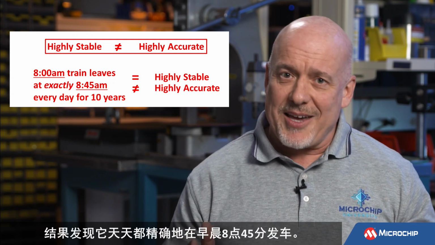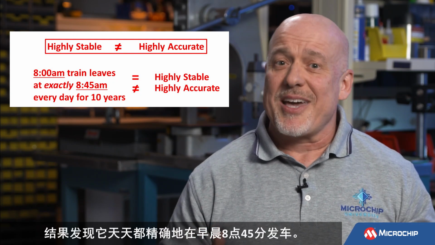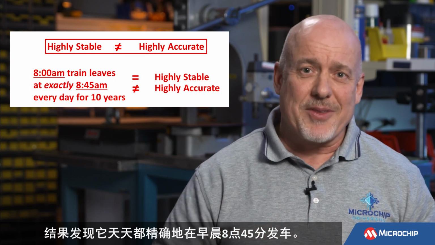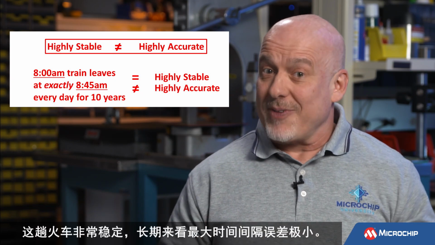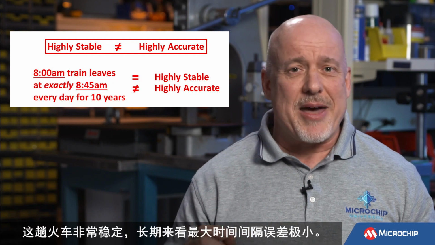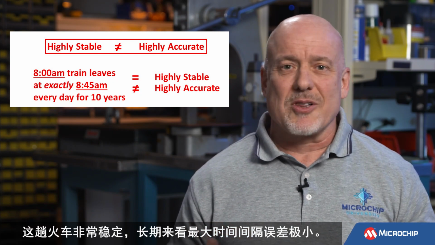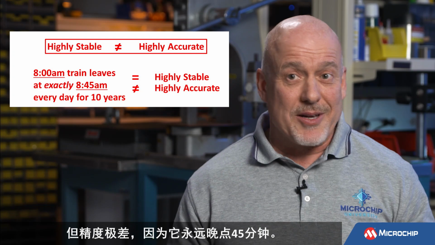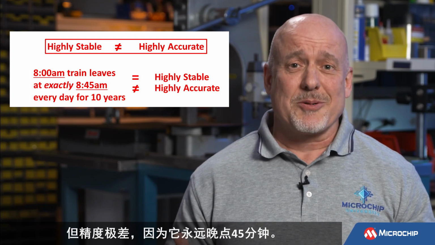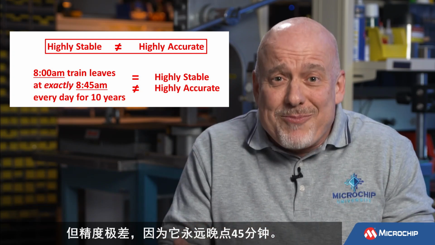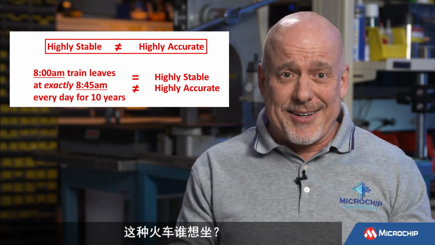And every day, this train leaves at exactly 8:45 a.m. That train is very stable. It has a very small maximum time interval error over a long period. However, it's horrible in terms of accuracy because it's always 45 minutes late. I wouldn't want to take that kind of train.